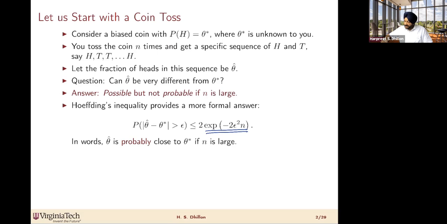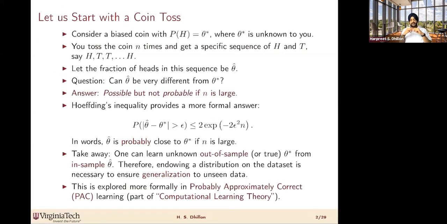So this has some interesting implications. This shows that one can actually learn the unknown theta star, which people call out-of-sample theta star as well, because you don't actually know this. This is not something that is contained in your data, which is in this case a sequence. And you can learn that from in-sample theta hat, something that you are observing.